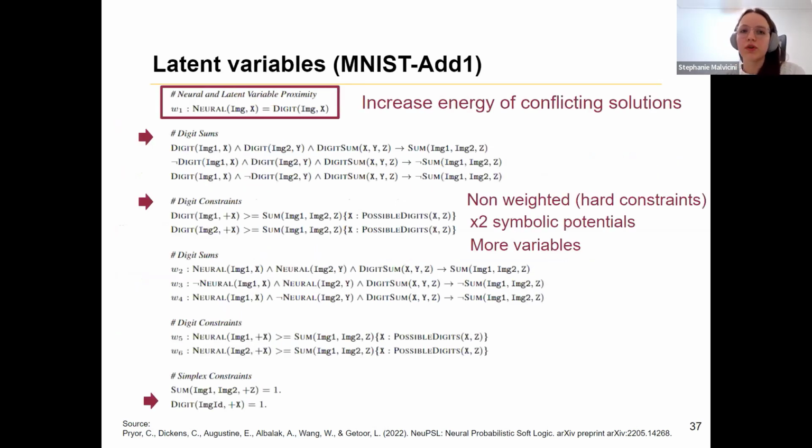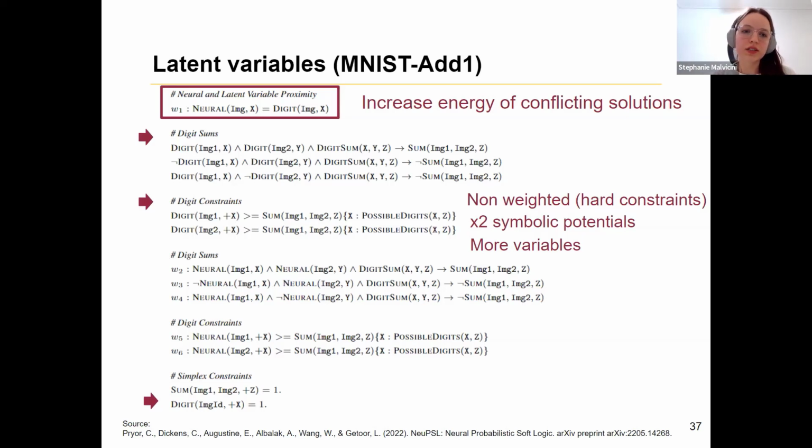And then for the latent variables version, what they did is add a new predicate called digit that represents the probability that the class given by the neural network is the real digit that the image represents. So what they do here is increase the value of the energy function for conflicting solutions between the neural network and the symbolic rules we have here.